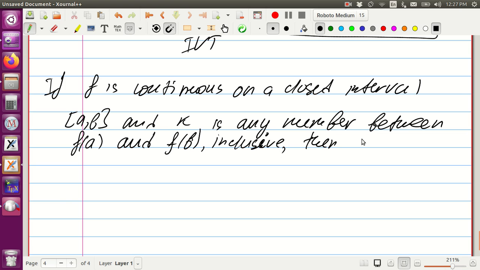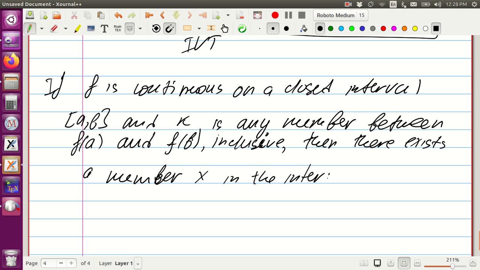Then there exists a number x in the interval AB such that f of x is equal to k.